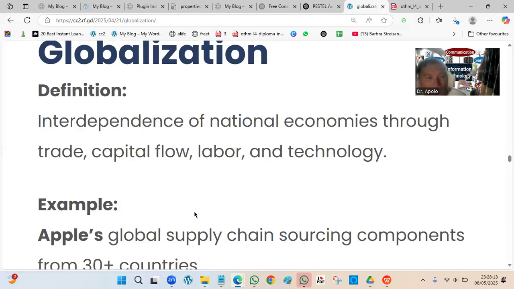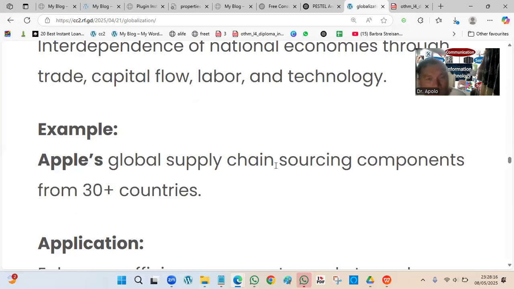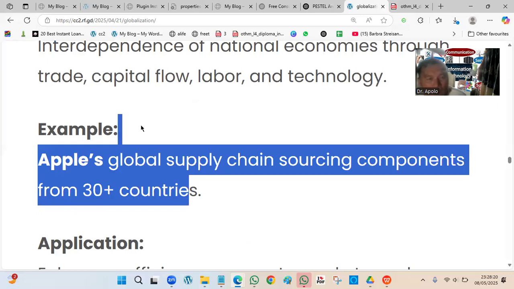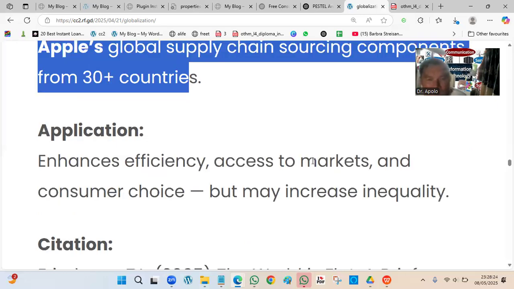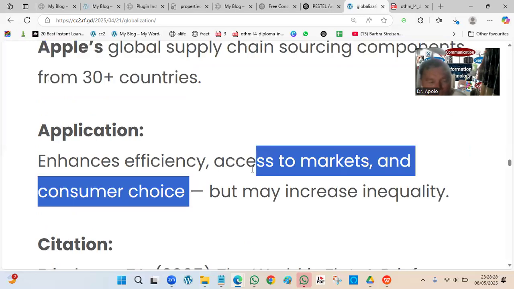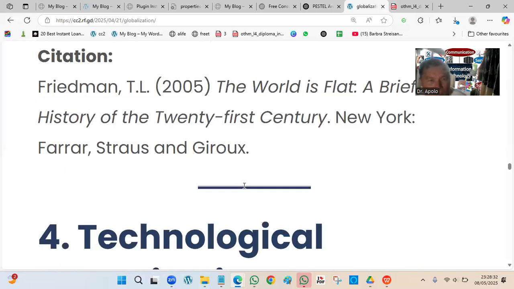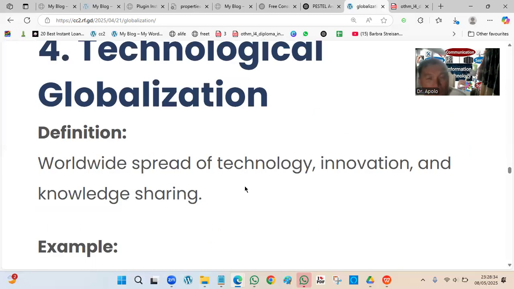Example, Apple's global supply chain sourcing components from 30-plus countries, because they wanted to lower the production cost. The implication: it enhances efficiency, access to markets, and customer choice. They went to China because China is the largest market, with a big population.